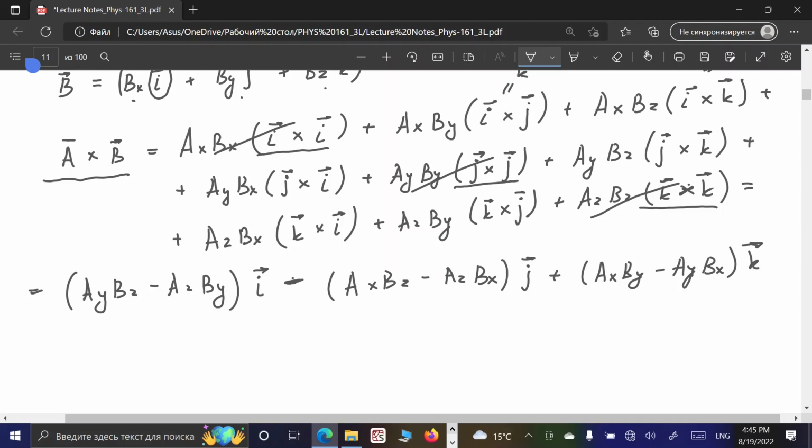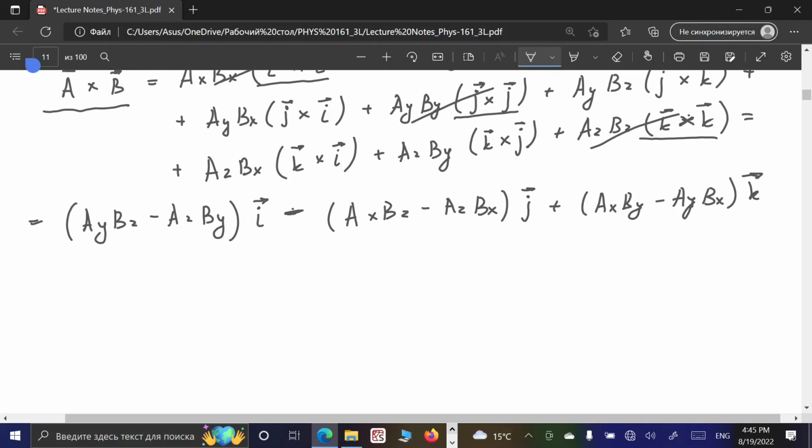If you look a bit further at this solution, it can be represented as the determinant of a 3 by 3 matrix. Maybe you are familiar with this. If not, you will definitely deal with this in linear algebra. So we can represent the A vector cross B vector as the determinant of such a matrix.